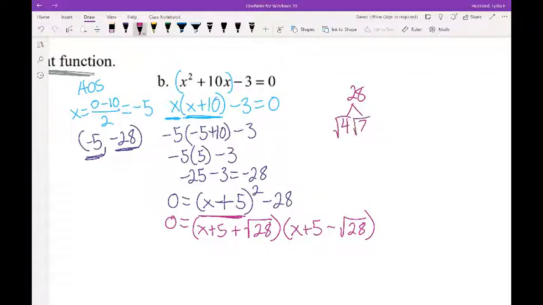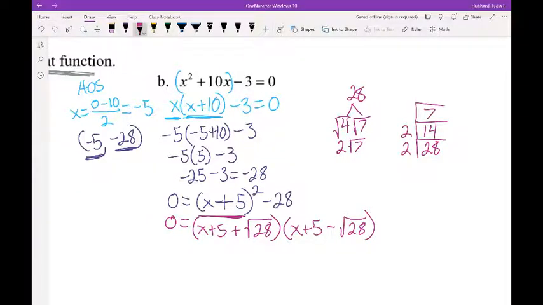The square root of 4 is 2. Square root of 7 is radical 7, so this will simplify to 2 radical 7. If you struggle with that, the lowest prime that 28 is divisible by is 2, which would give you 14 if you did 28 divided by 2. The lowest prime of 14 is also 2, and 14 divided by 2 is 7.